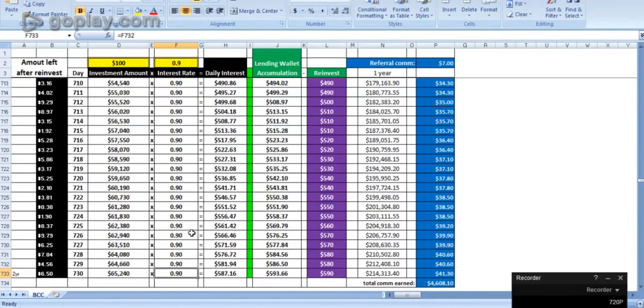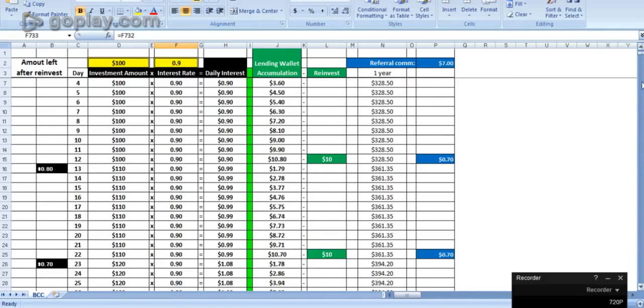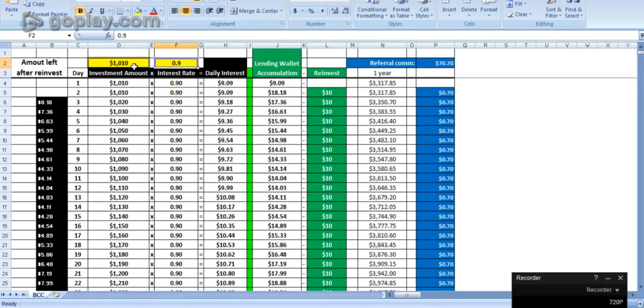Now, I just wanted to show you what would happen if you go up to the next loan amount. Two things happen. It speeds the process up because there's more money for the interest to start building on. But also, when you go over and do the next loan level of $1,010, you'll get the 0.1 automatic daily interest guarantee.